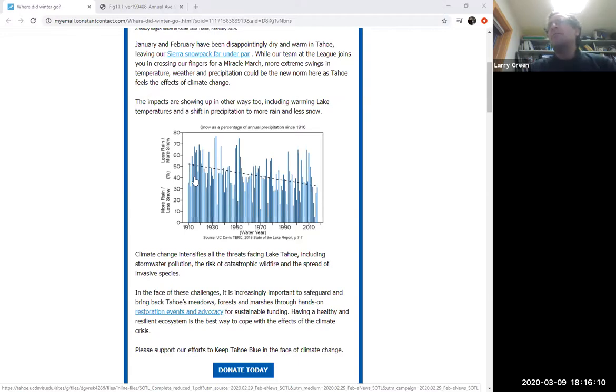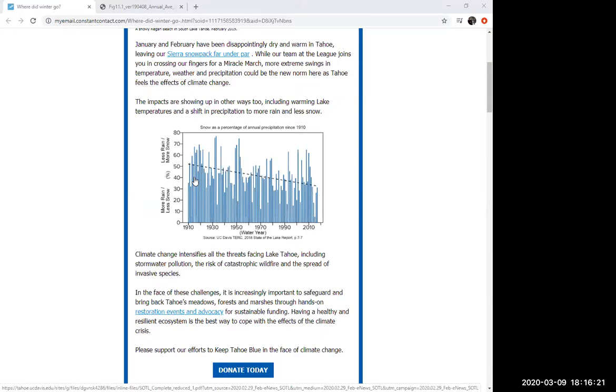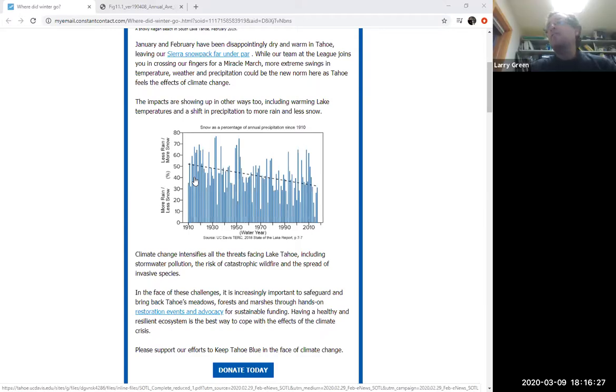Now, in terms of the y-intercept, why is the y-intercept irrelevant here? Any thoughts, Cal? It's irrelevant for this particular example, where the x-axis is the year and the y-axis is the percent of precipitation that is snow.